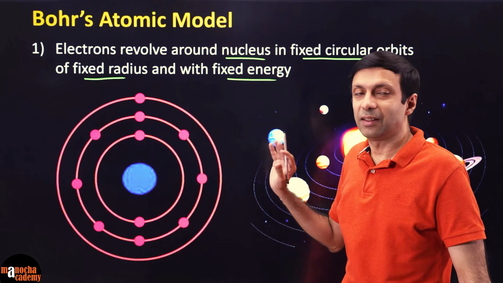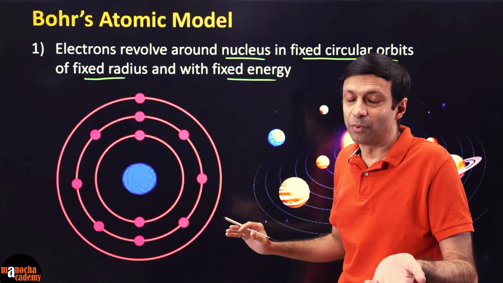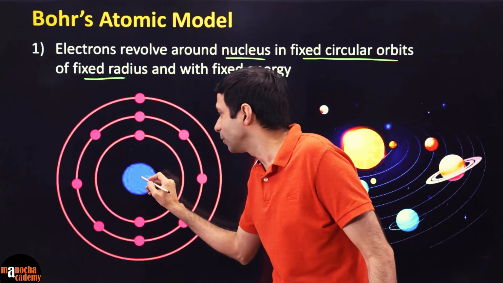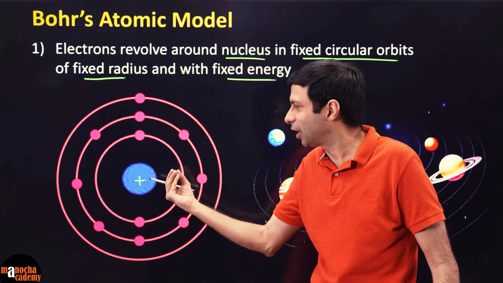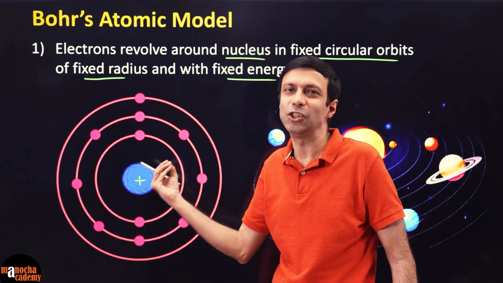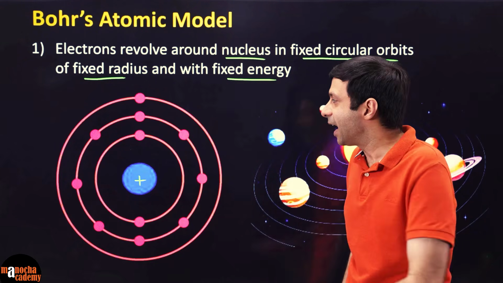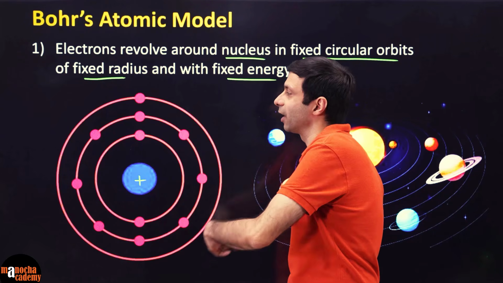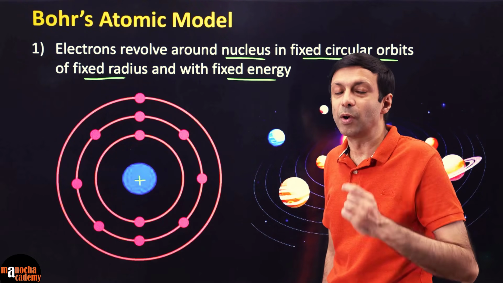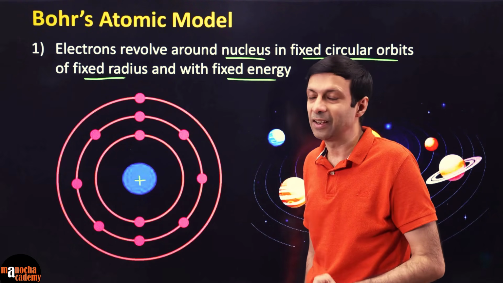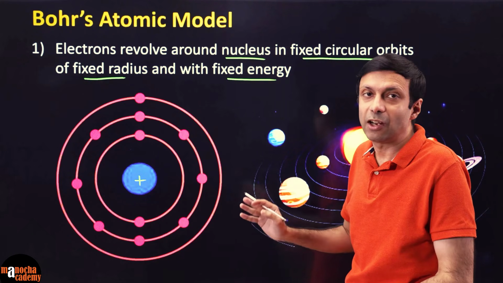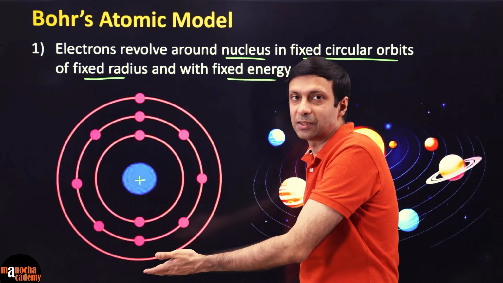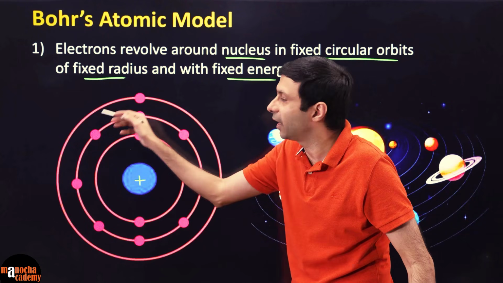We know from Rutherford's model that the atom has a positively charged nucleus. This positive charge is concentrated in the nucleus in the center of the atom, and electrons are revolving around the nucleus. But what Niels Bohr said was that when electrons are revolving around the nucleus, they cannot revolve in any random place. So the electron cannot be here, here, anywhere, right?